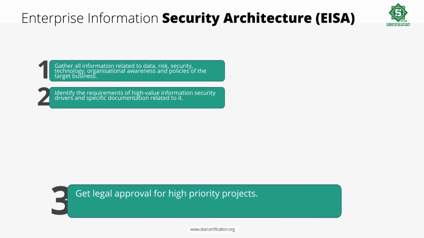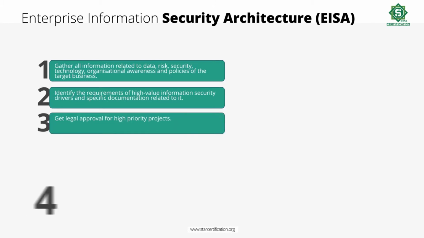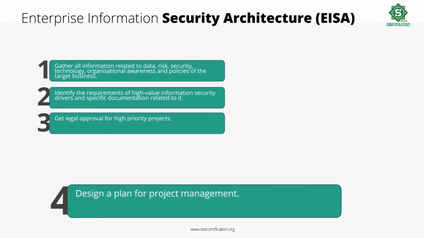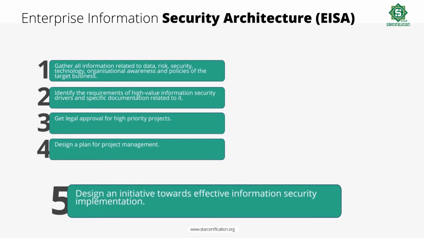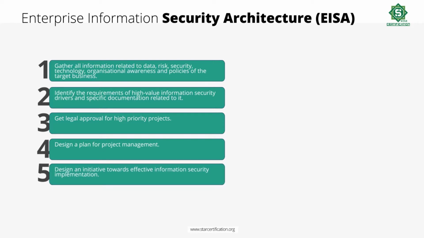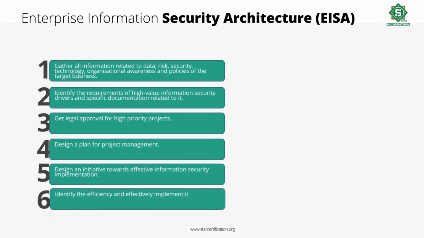Third step, get legal approval for high-priority projects. The fourth step, design a plan for project management. The fifth one is design an initiative towards effective information security implementation. And the last step, which is the sixth one, is identify the efficiency and effectively implement it.